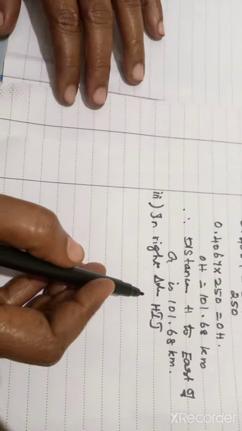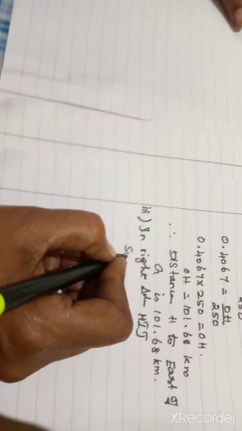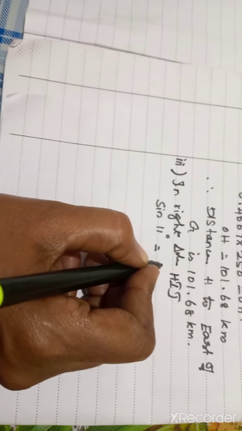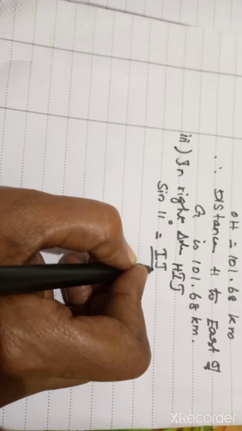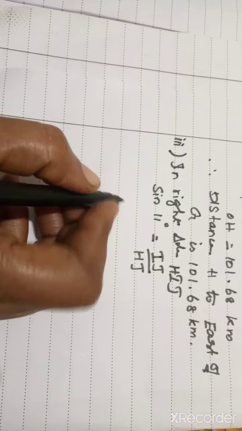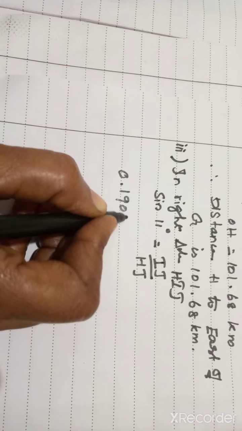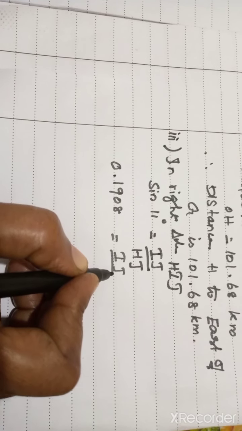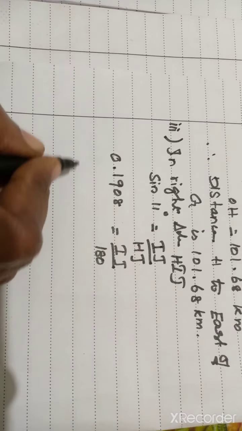In right triangle HIJ, sine 11 degree equal to opposite side, that is IJ, by hypotenuse side HJ. Sine 11 degree is given in the question, this value is given 0.8 equal to IJ by HJ. What is HJ now? 180 kilometer it is given. Now cross multiply it.